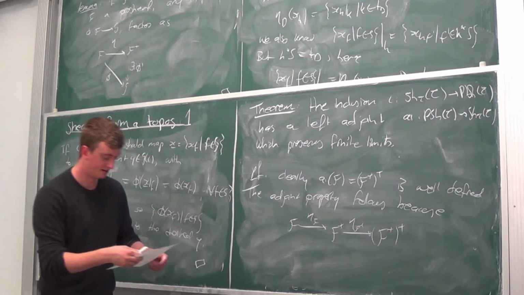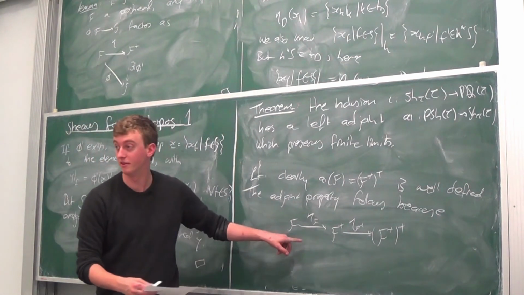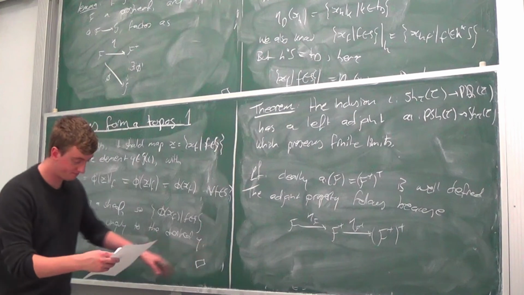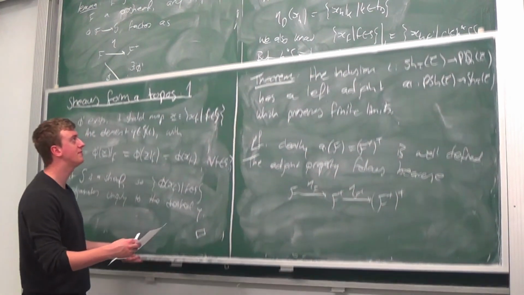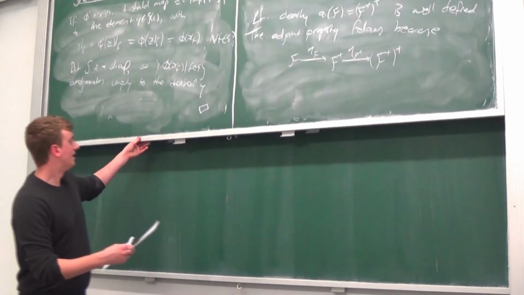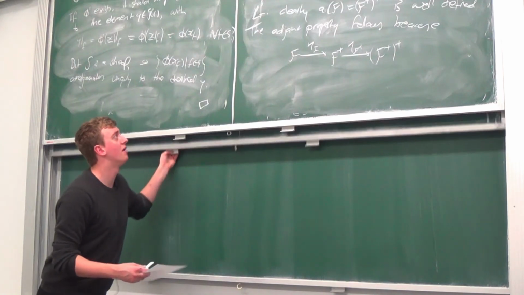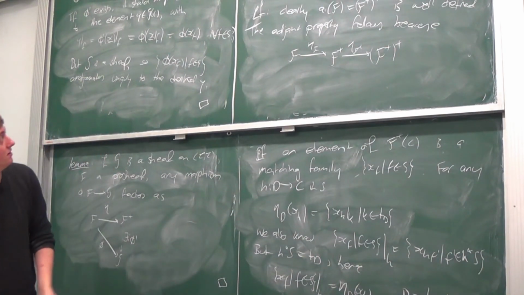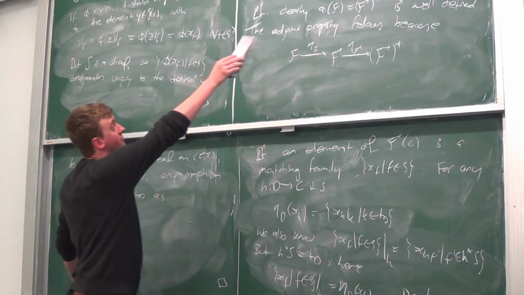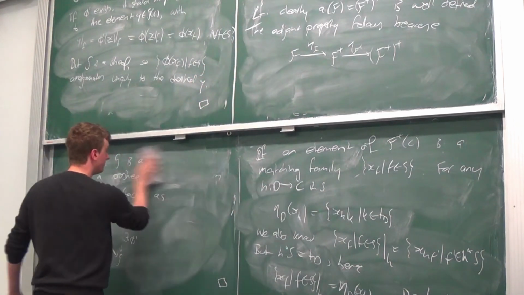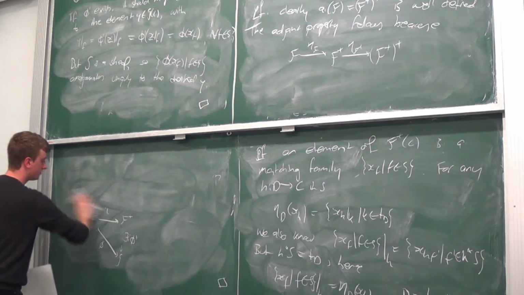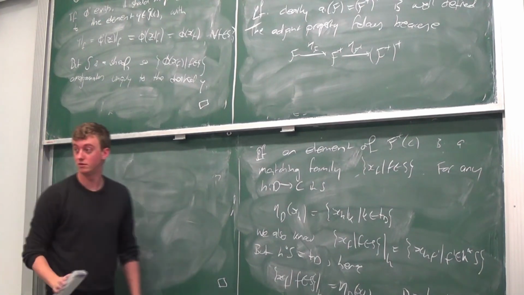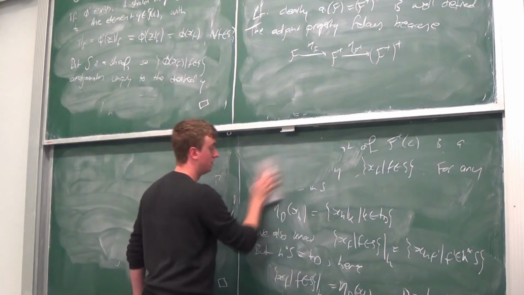And so it is the unit of the left adjoint. Okay? So what we really need to show, the detail that might be not so obvious based on what we've done, is our last claim that this left adjoint actually preserves finite limits. Particularly it's not for free just because it's an adjoint. No.